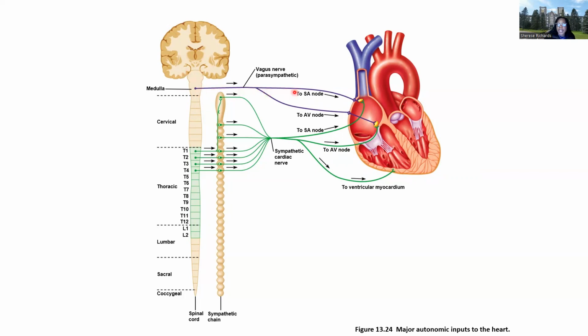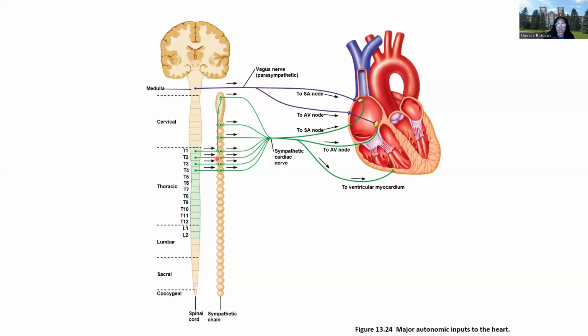It will project its axons all the way out to innervate the cardiac muscle cells, specifically the pacemaker cells of the heart. So notice that the blue lines here, which are representing the parasympathetic fibers within the vagus nerve, only go to the SA nodal fibers and then to the AV nodal fibers. That is to say that the parasympathetic system is really only having an influence on the pacemaker cells.